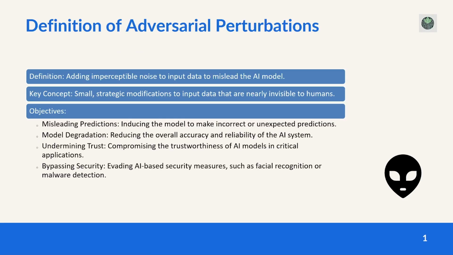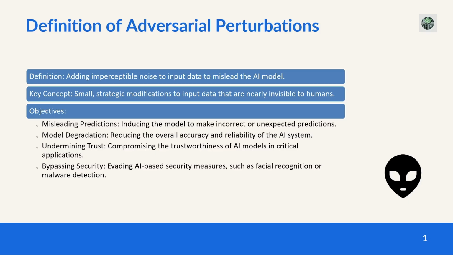So what are adversarial perturbations? These are often small, imperceivable changes introduced to the input data that AI models will be ingesting, and will be deceived into making incorrect predictions. These subtle modifications are designed to manipulate the model's behavior while being unnoticed by human observers.